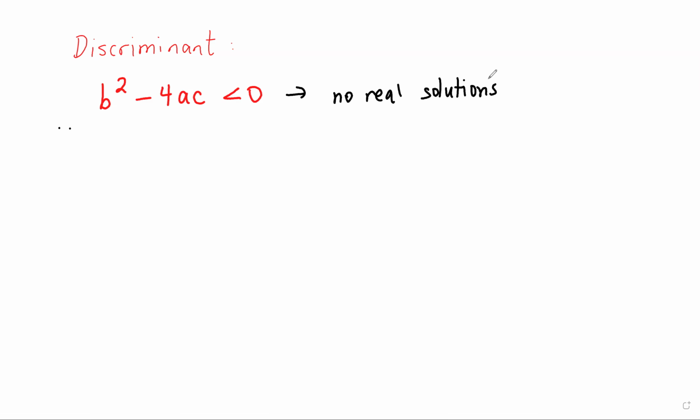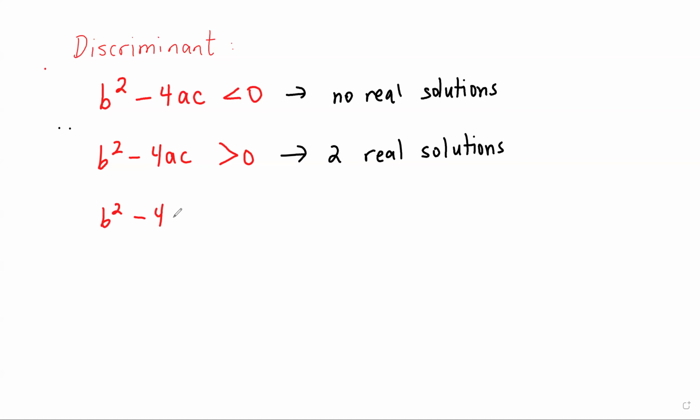right? If b squared minus 4ac is greater than 0, meaning that it is positive, then the quadratic has two real solutions. And then if b squared minus 4ac, the discriminant, is equal to 0, then you have one solution, one unique solution, right?